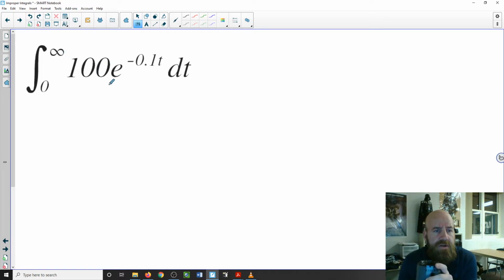So we're going to do the same exact thing. We replace our infinity with some variable; we're going to use b again. Does it really matter? No. So we have the limit of the integral from 0 to b of our equation.